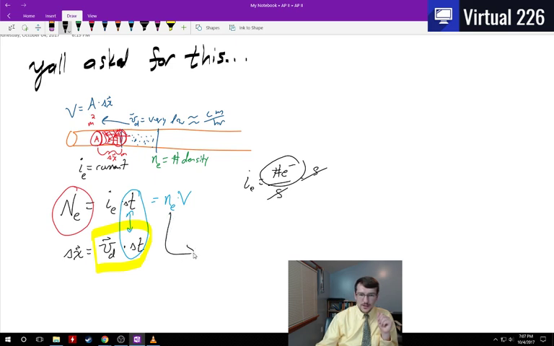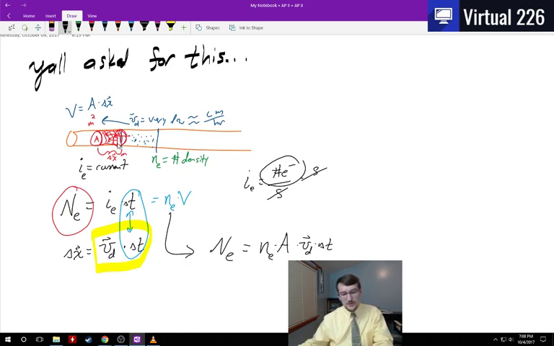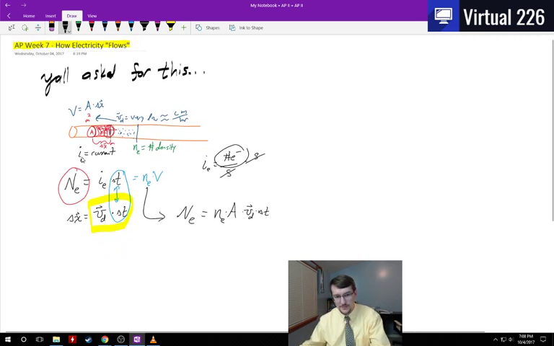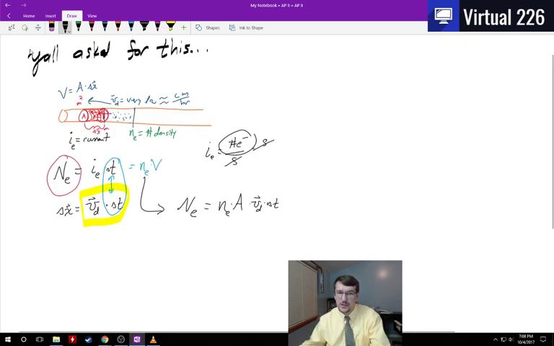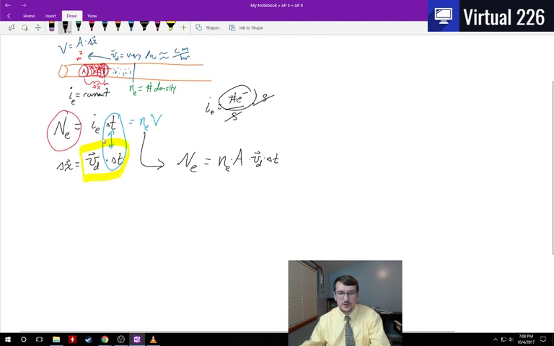I can now say that the number of electrons passing through a point is equal to the number density times the cross-sectional area times the drift velocity of the electrons times some change in time. Whew! That's how many electrons are passing a point. That was a lot just to get to that. But y'all asked for this, so we're doing it.